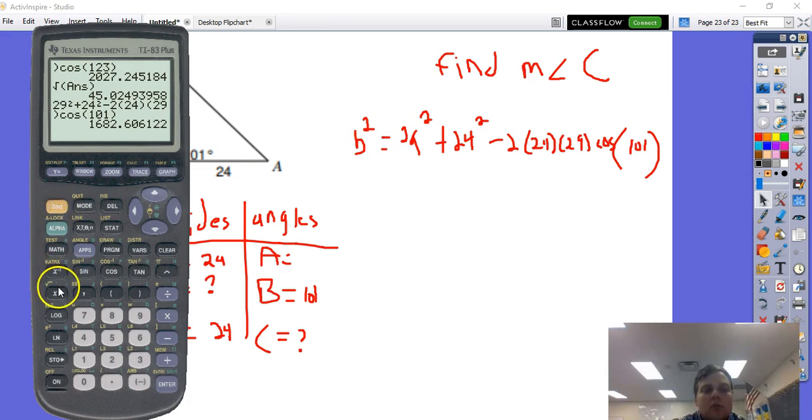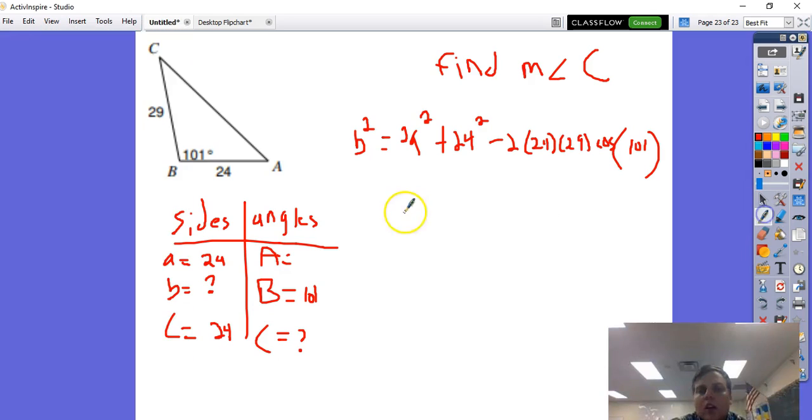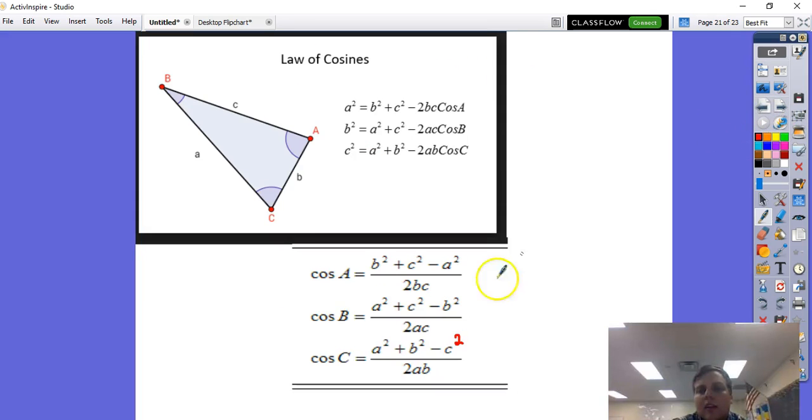So then I square root this number to get what B is equal to, which is 41.02. So I get that B is approximately 41.02. I can now use this to find my missing angle. So I can say cosine of angle C is equal to a squared plus b squared minus c squared.